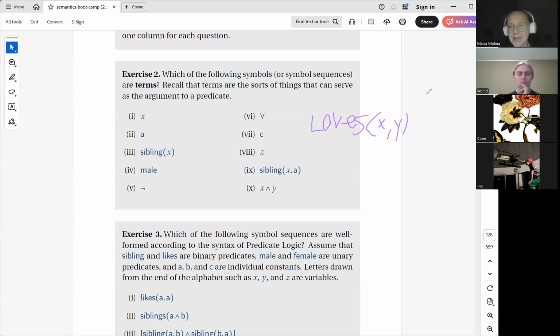Okay, Lenya, do you understand that this is a predicate? Yes, indeed. Good. Do you understand that it's read like X loves Y? Okay. We have the predicate here, right? Now, this predicate takes arguments. And these are arguments.